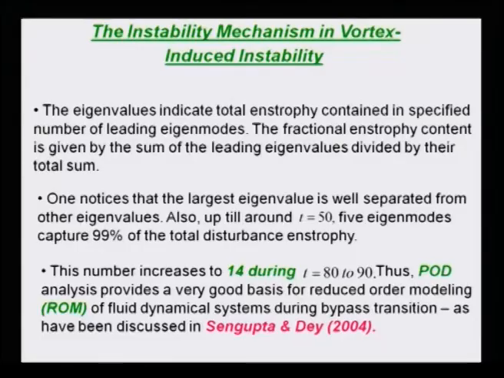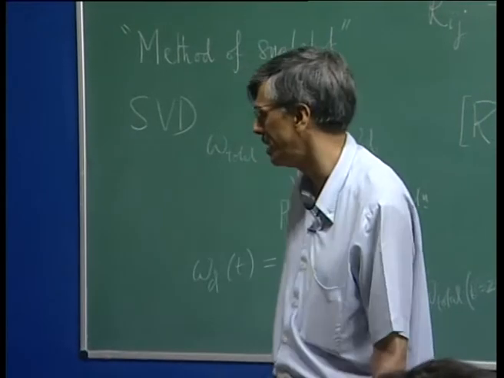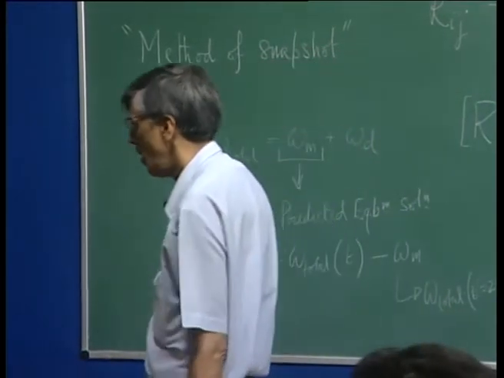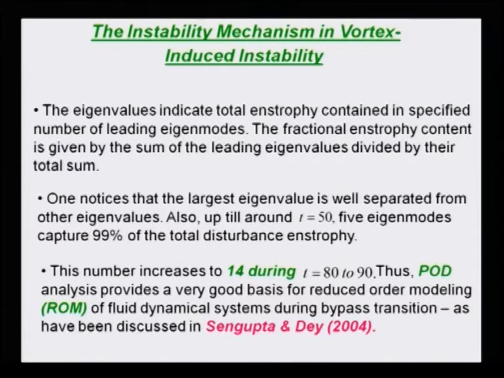And one notices that the largest eigenvalue is well separated from other eigenvalues, and up until about t equal to 50, 5 eigenmodes more or less capture 99% of the energy, right, total disturbance entropy. And the number increases to 14 during t equal to 80 to 90. So that's this. This POD analysis is also given alternative names.